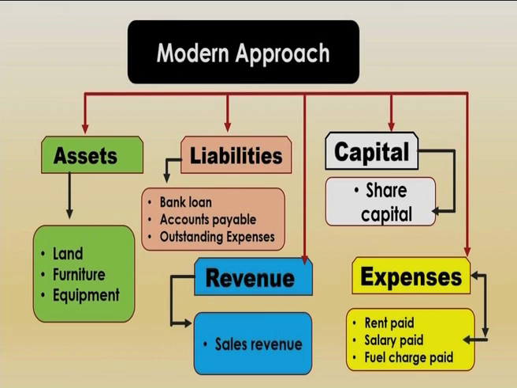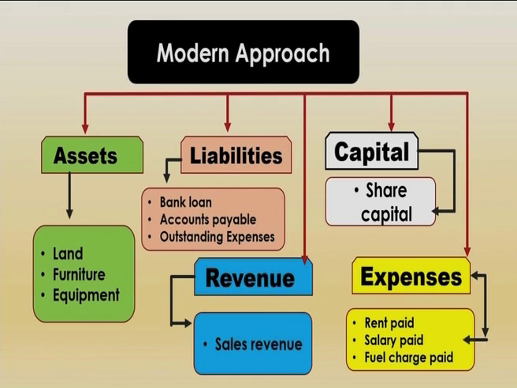Now, in these five categories, if you look carefully, it is simply the accounting equation, which says assets are equal to liabilities plus shareholders' equity. Shareholders' equity can be further divided into expenses and revenue. Assets consist of land, furniture, equipment. Liability consists of bank loan, accounts payable, outstanding expenses. Capital consists of share capital.